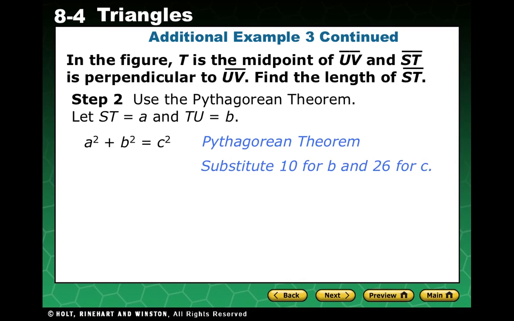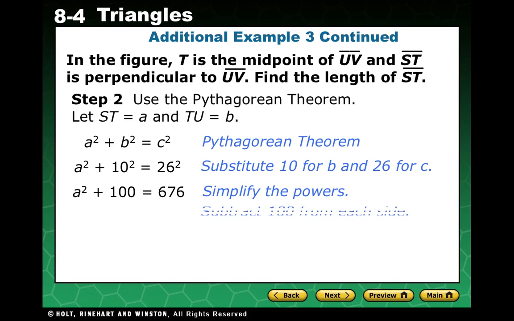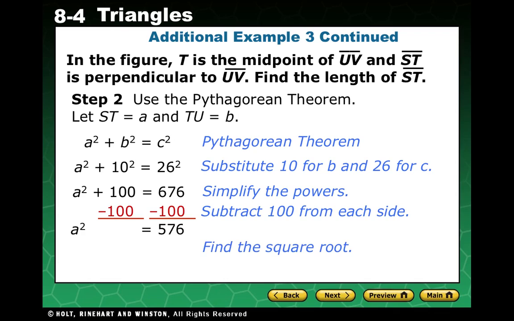So substitute 10 for B and 26 for C, and we'll be solving for A. And the square root of 576 is 24. So that means the length of ST is 24 feet.